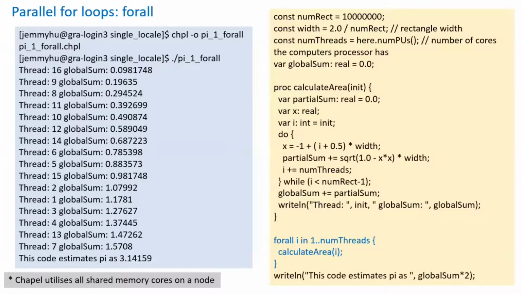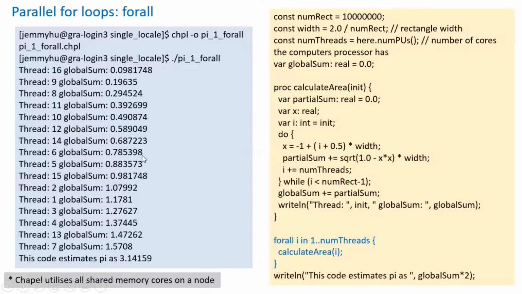If you don't define how many threads to use, it will use all on the node. So here is the same code. If we run it on a login node this time, because it's very, very short, I just gave it a shot, and you can find it automatically uses 16 threads. So Chapel will utilize all shared memory cores on a node.